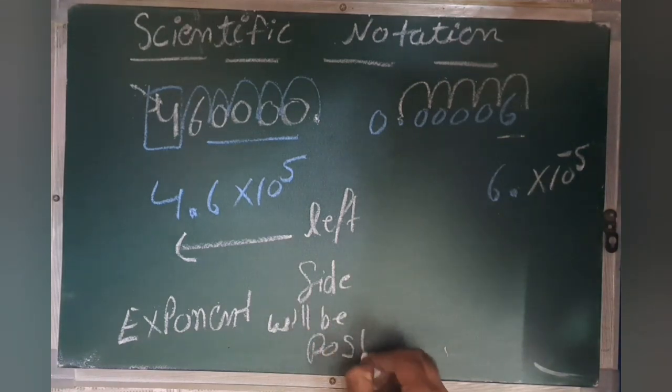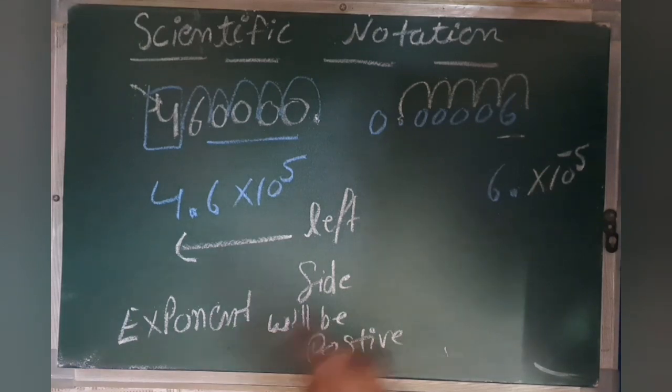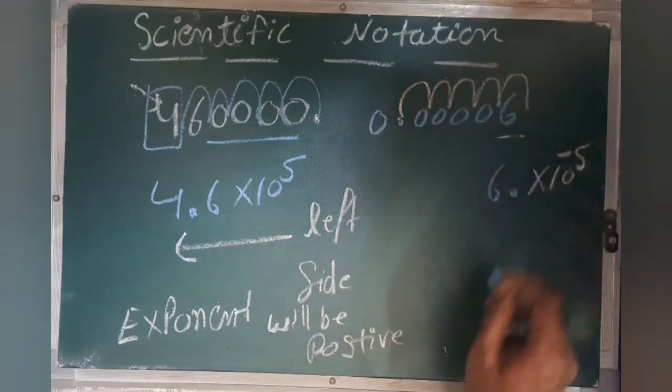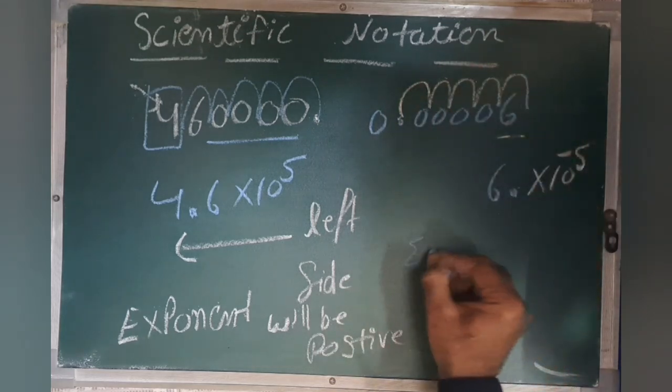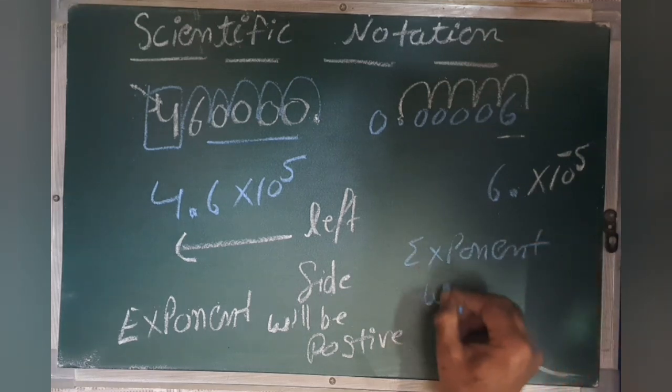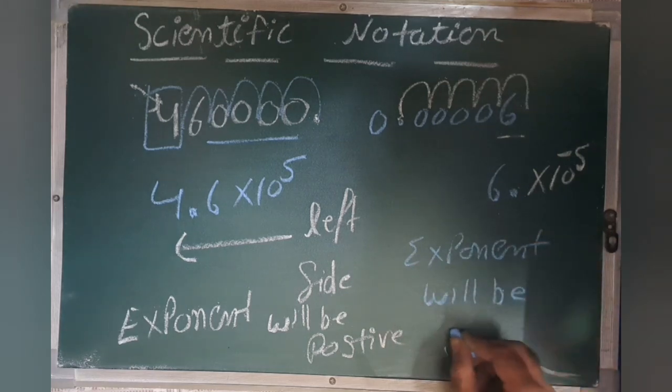In this other case, our decimal moved to the right hand side. When our decimal moves to the right hand side, then our exponent will be negative.